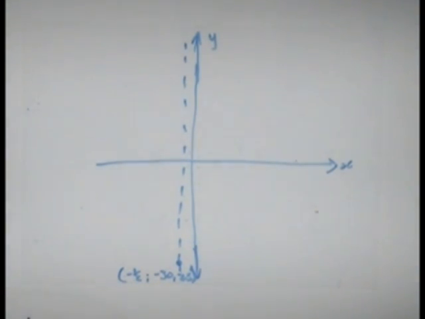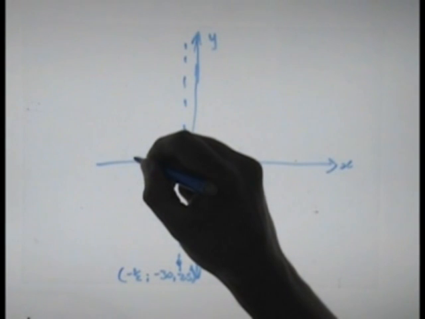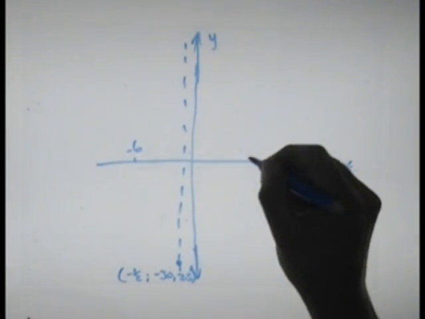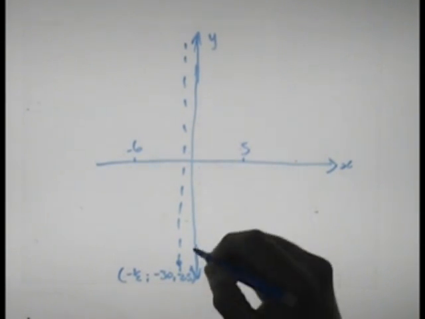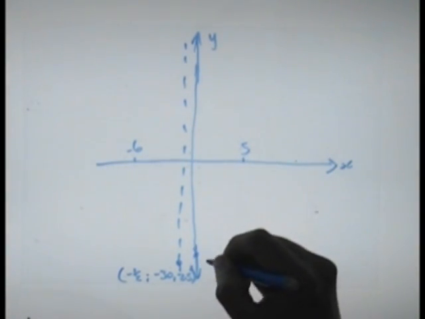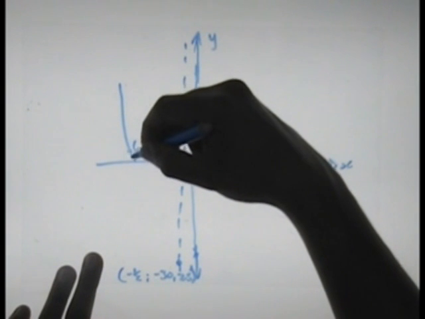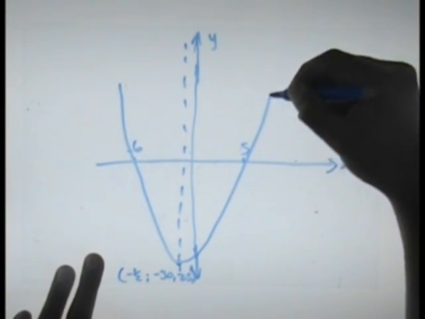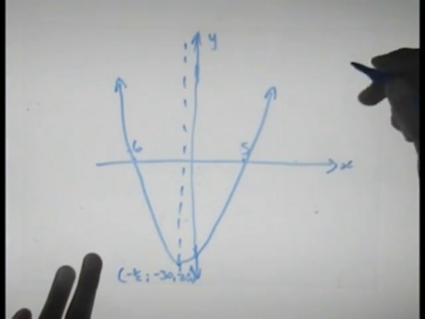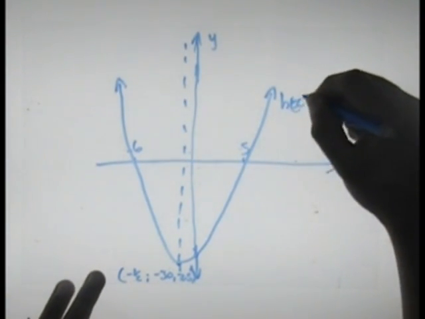My two x-intercepts are at negative 6 and at positive 5. And my y-intercept is at negative 30, so that's just over there. That means that my graph is going to look like this. And that is the graph h of x.